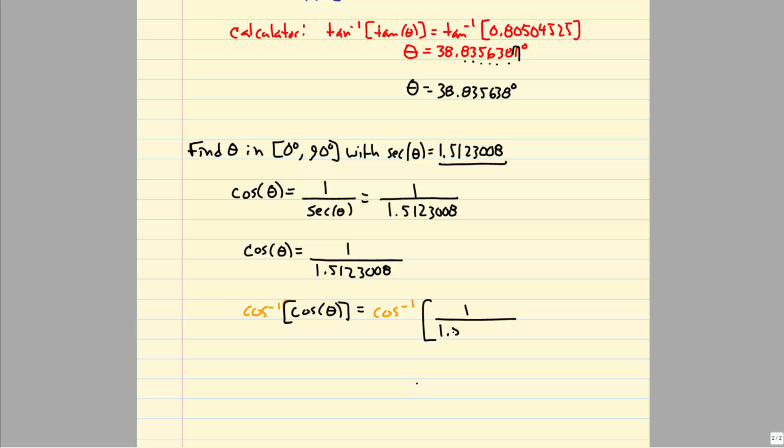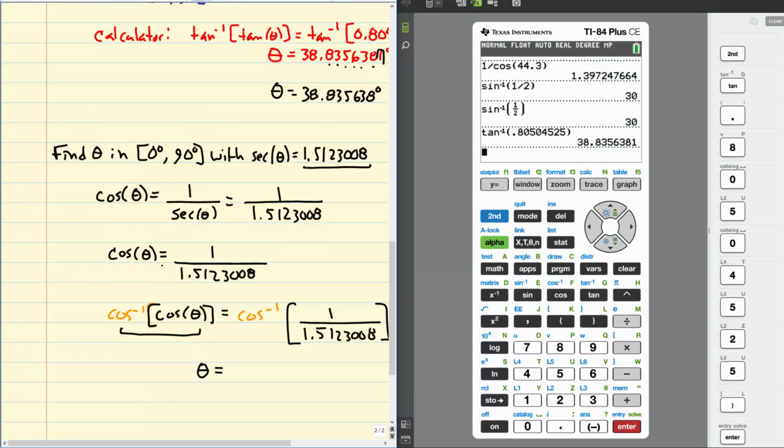Now if you wanted to, you could find a decimal for this, but you wouldn't want to round it at all. So I think it's probably better just to plug this in. So over here, remember the inverse cosine and the cosine cancel each other out. They undo each other. So on the left, I'm left with just theta. Now on the right, let's see what we have. So here I'd have the inverse cosine, so secant cosine would be our inverse cosine.